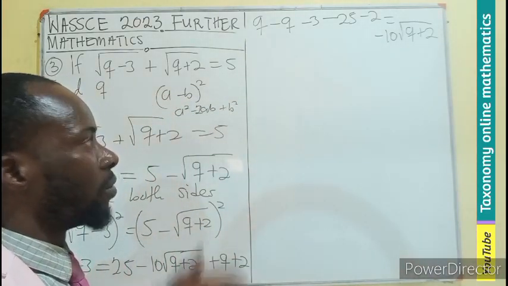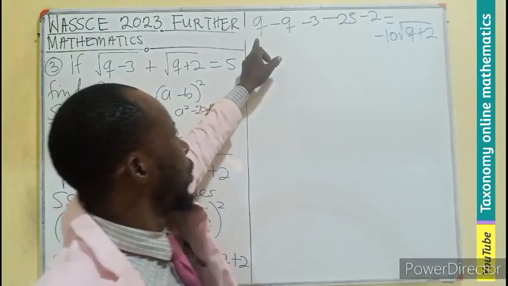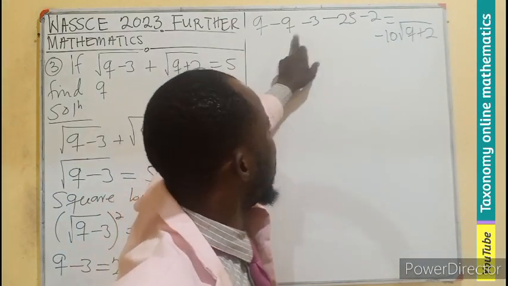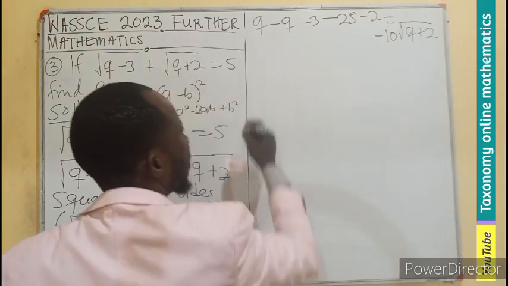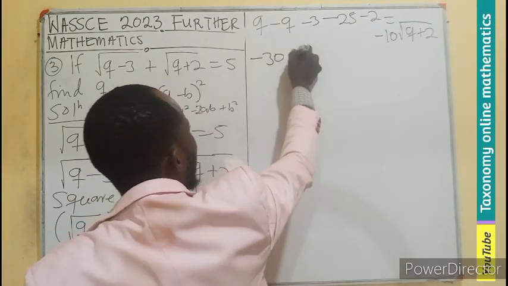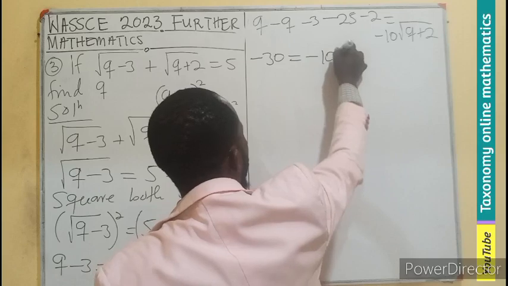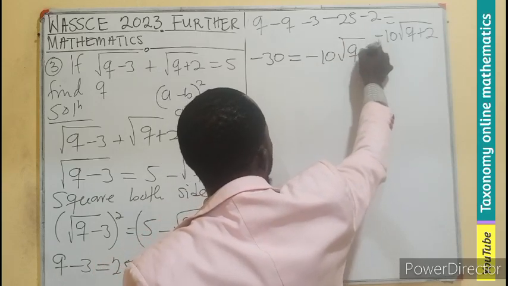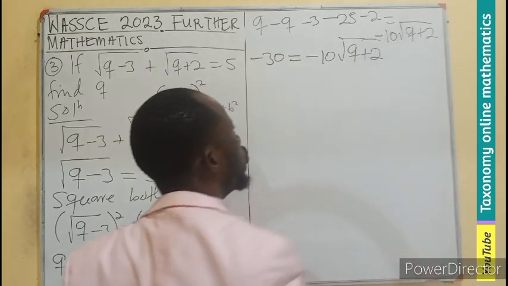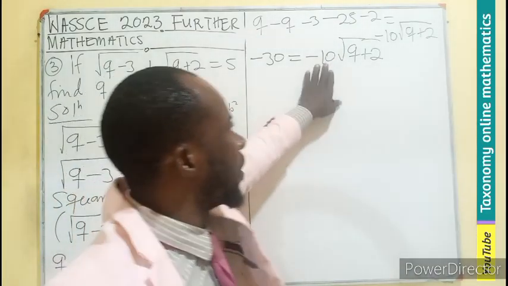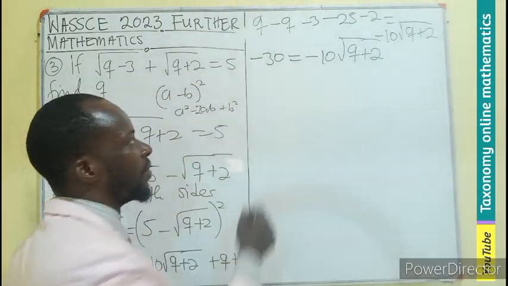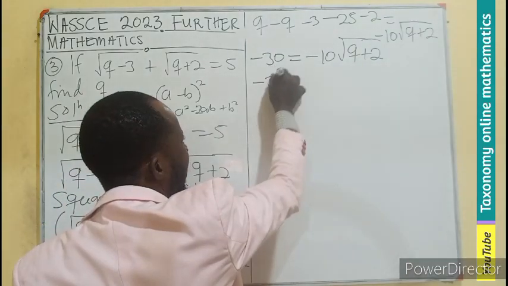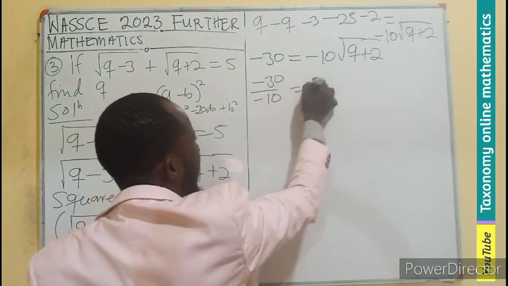So we can deal with the left-hand side. q minus q will be 0, and this is going to be negative 28, negative 30. So you have negative 30 equals negative 10 the root of q plus 2. We can see the coefficient here is negative, so we divide both sides by negative 10.